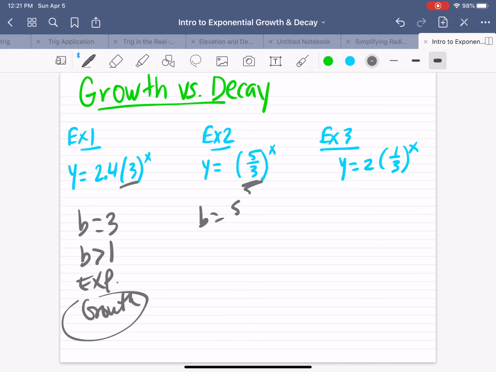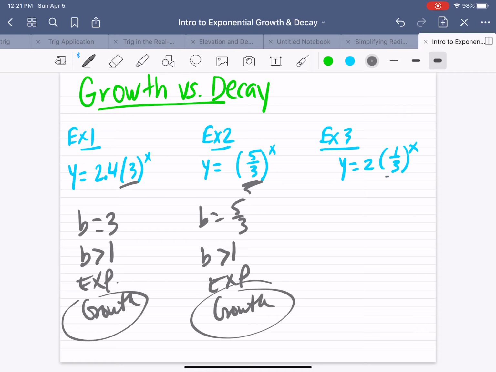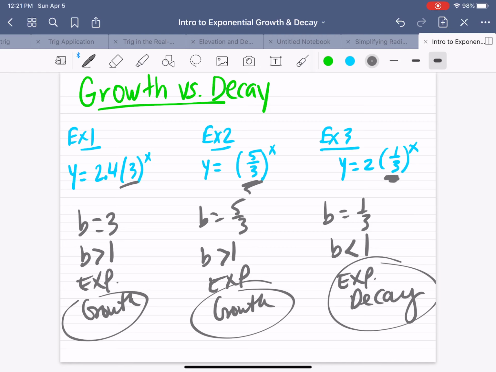The b value is equal to 5 over 3. And that b value is greater than 1. It is 1 point something, so it's greater than 1. Therefore, exponential growth. Now, example 3. The b value is 1/3. 1/3 is less than 1. Therefore, exponential decay.